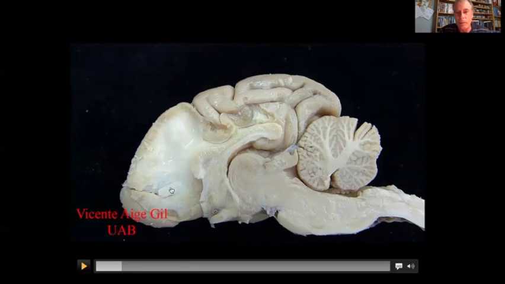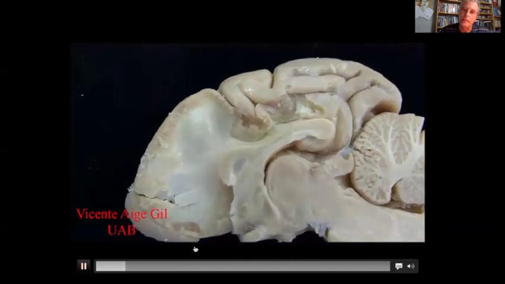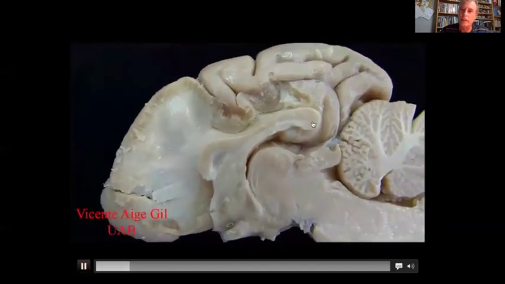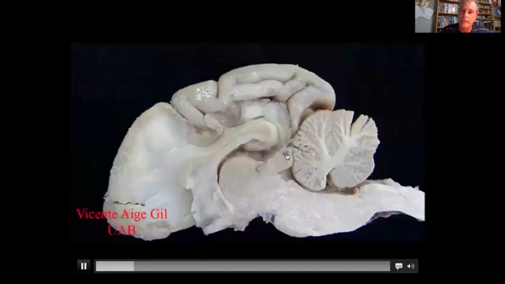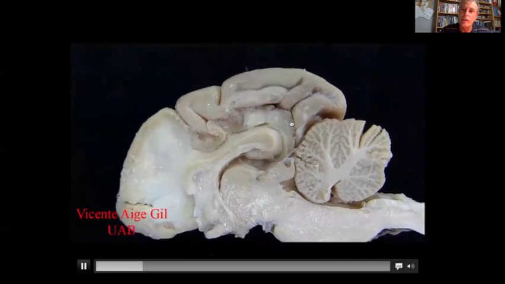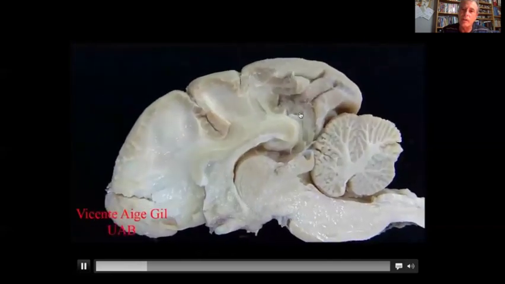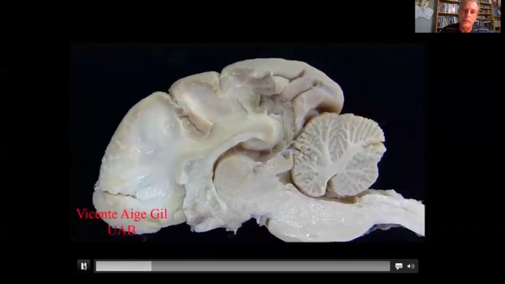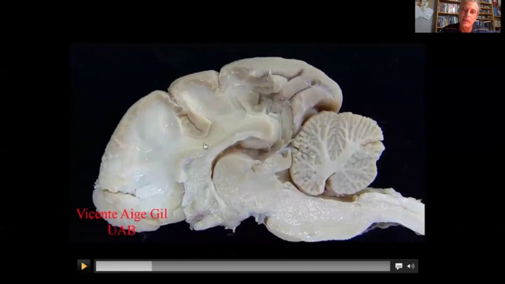We remove the gyri from medial to lateral now again. The corpus callosum here. And now we have removed the cingulate gyrus with part of the parahippocampal gyrus. And as you see, these fibers are fibers from the corpus callosum, and these are fibers from the corona radiata.